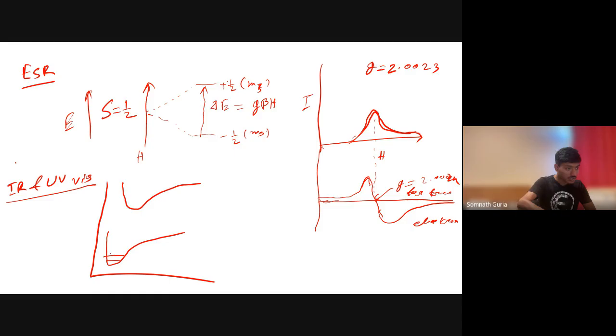This potential energy is associated with some vibrational energy, and similarly this one also has its own vibrational energy. This is V equals to 0, V equals to 1, 2, 3, 4, and so on.